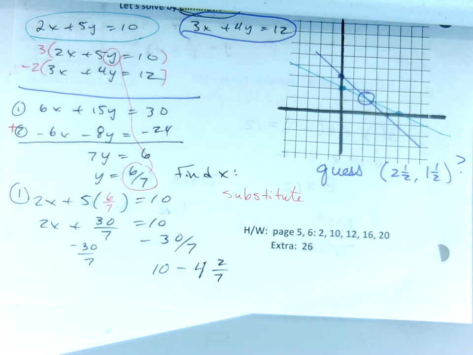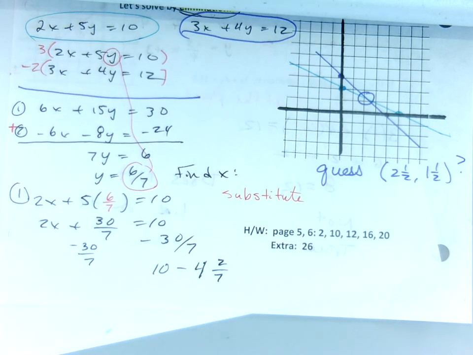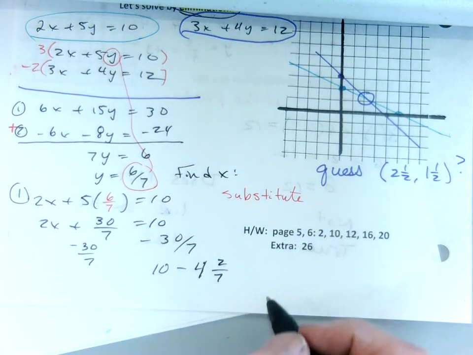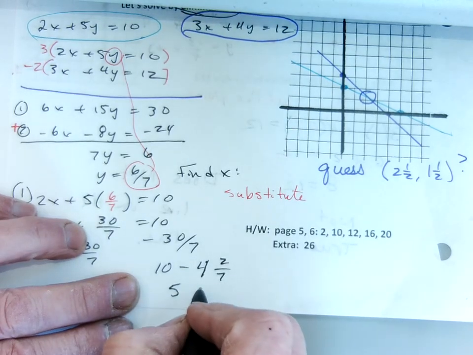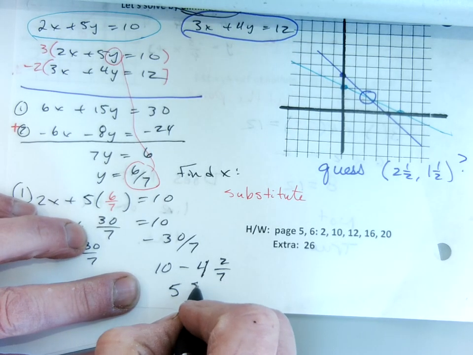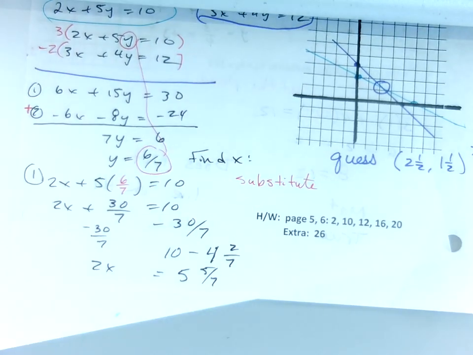Is it 4 and 5/7? No, it is going to be 5. Thank you, Lexi, and 5/7. Okay, which is the same thing.